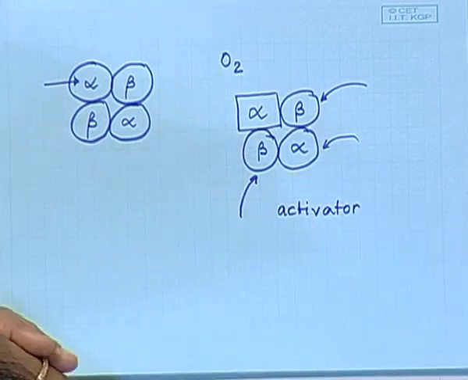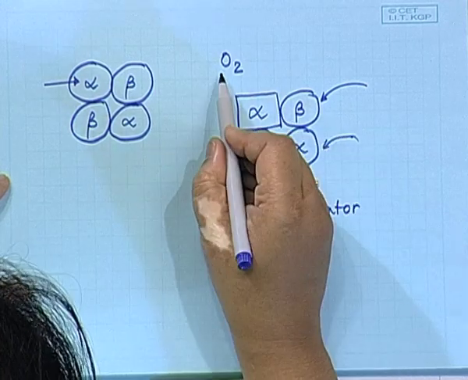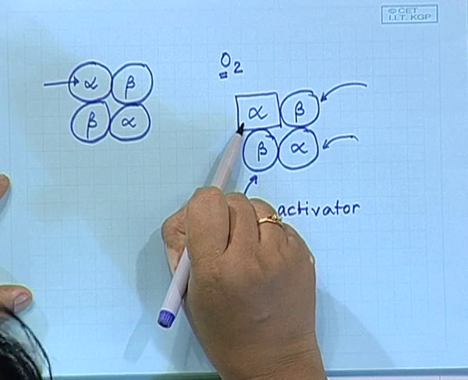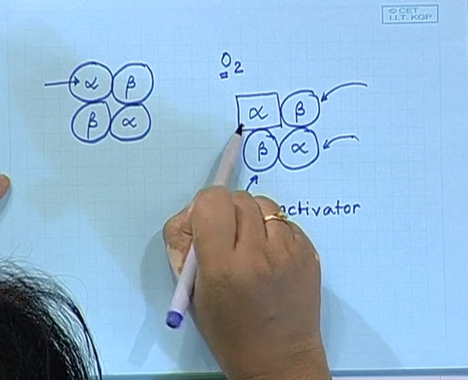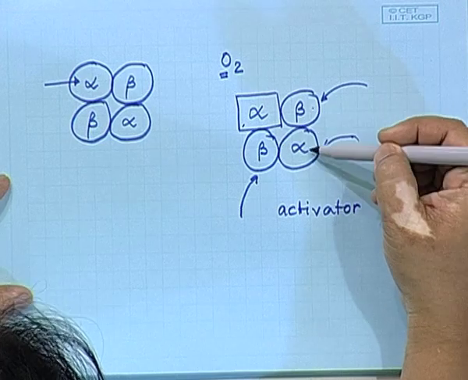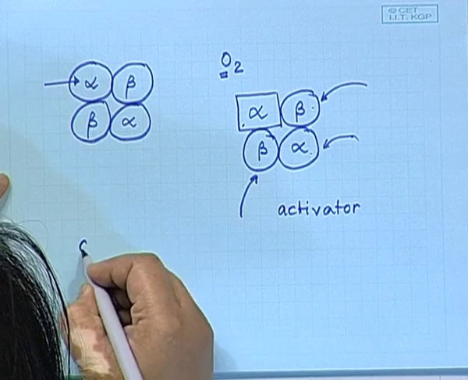What is this activator? The activator acts in such a fashion that if one of these happens to bind to one of the subunits, then it is going to help or facilitate the binding of oxygen to the other subunits. This is what is called cooperativity.